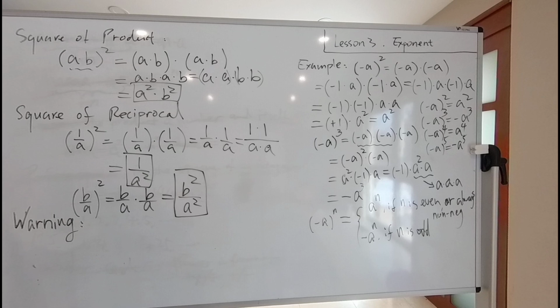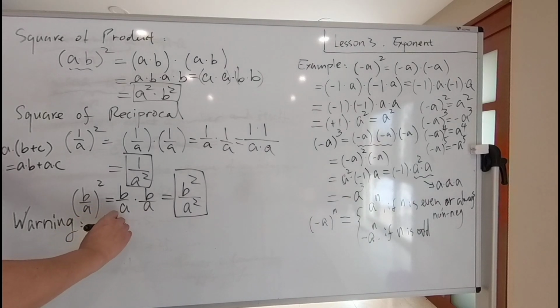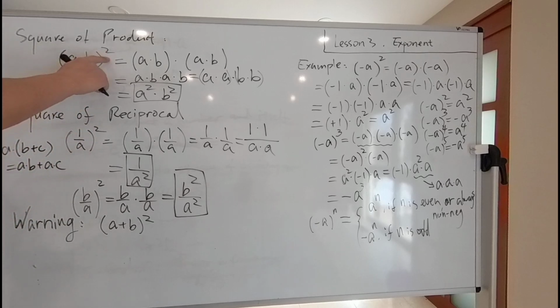So for example, the distribution. Remember, we have multiplication distributes over addition. For example, we know that a times (b plus c) equals a times b plus a times c, right? But it's not true if you want to distribute power over addition. It is true if you want to distribute power over multiplication, right? So this is really similar to the distribution.